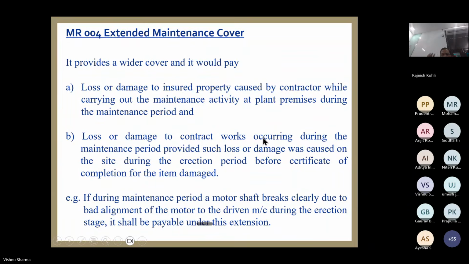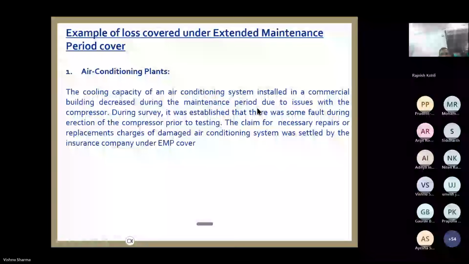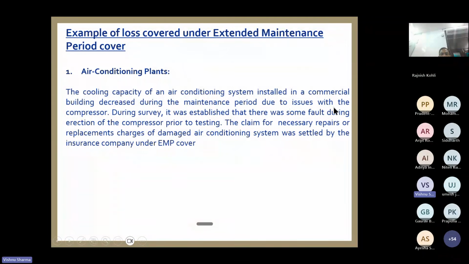Okay. Now there are many examples of losses under extended maintenance period cover. In one air conditioning plant, the cooling capacity of the air conditioning system of a commercial building decreased during the maintenance period due to an issue with the compressor.